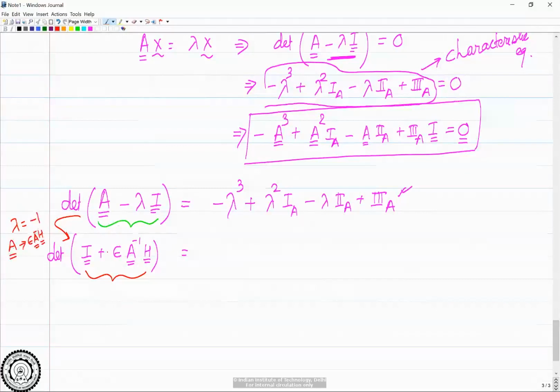A minus lambda I can be made I plus epsilon A inverse H.